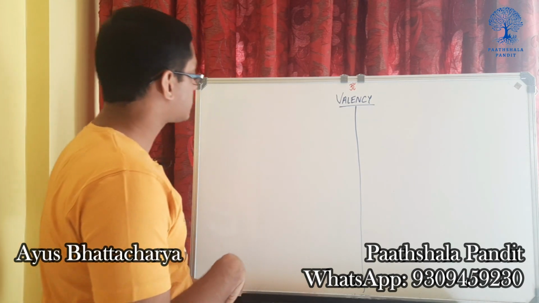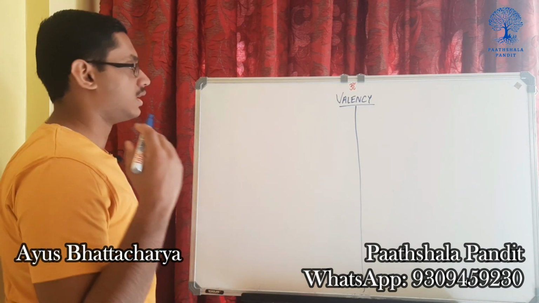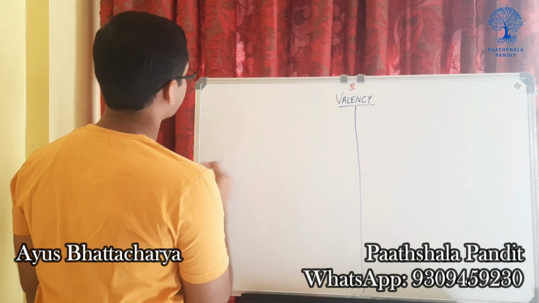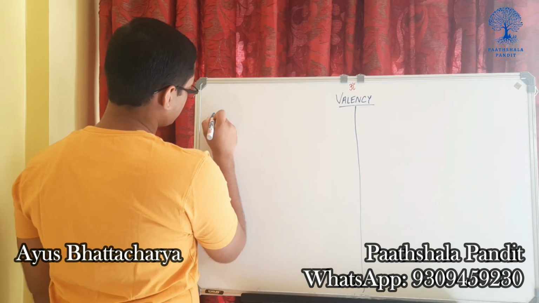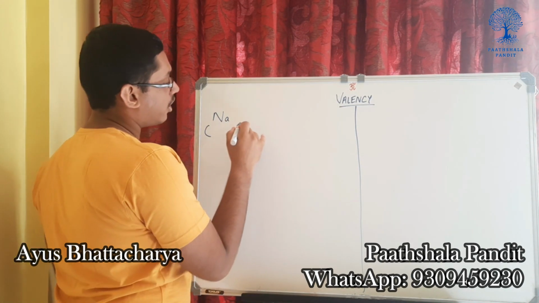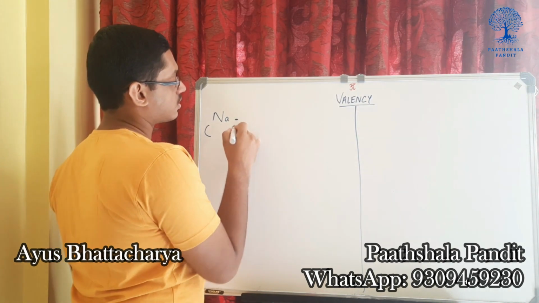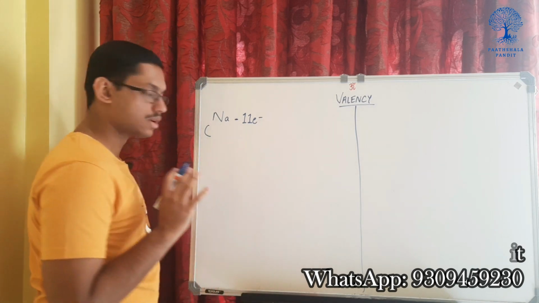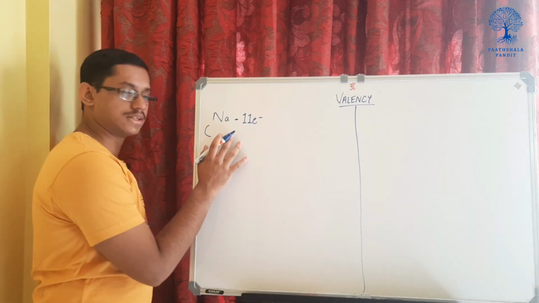Let's write the number of electrons it has and also the electronic configuration. So sodium, this is Na, and it has 11 electrons. All right, you know this is sodium, right?